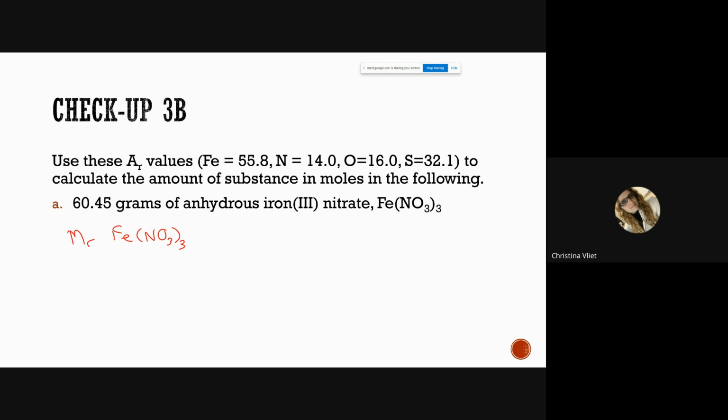Do I expect you to make a table or a chart for this? No. What you could do now that you've got the idea: iron 55.8, nitrogen 3 times 14, right? What's nitrogen? 42. Oxygen 9 times 16. Check me, is that 144? Yes.